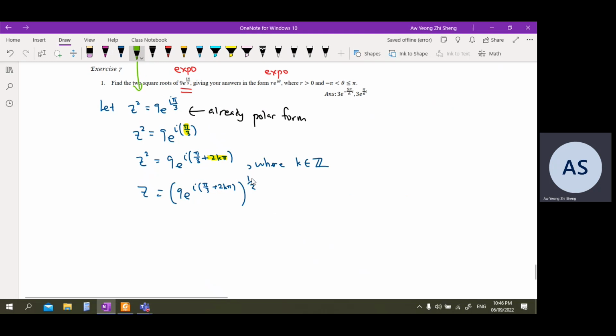Then now we distribute the 1/2 to the 9 and also to the exponential term. So I have 9 power 1/2, which will later become 3. And when my 1/2 gets multiplied, I will have e^(i(pi over 6 plus k pi)).